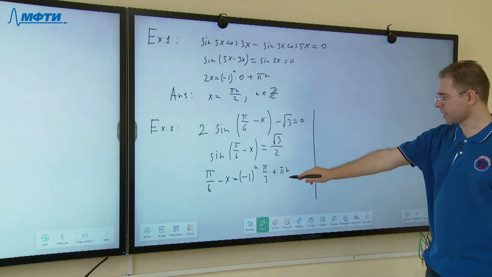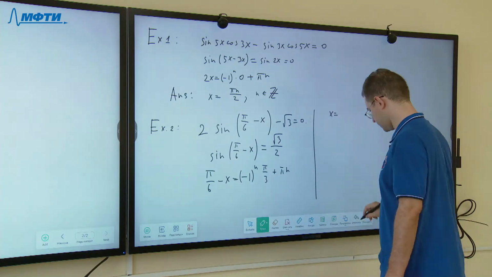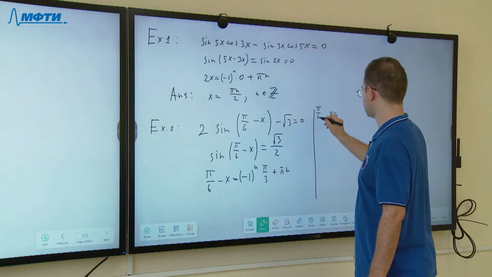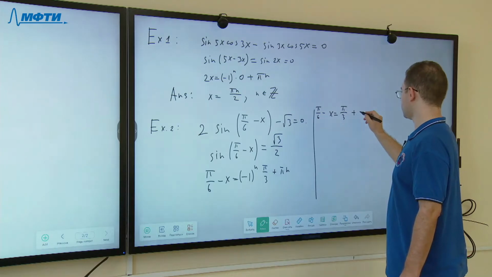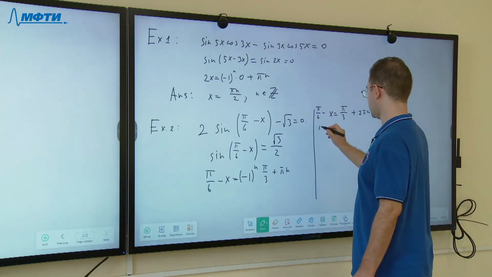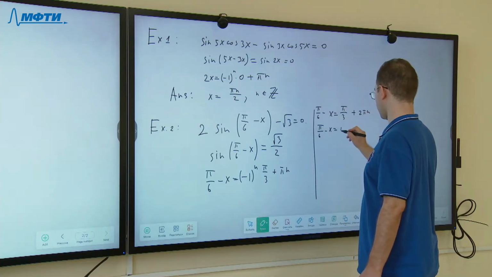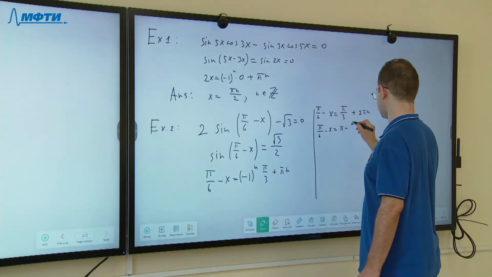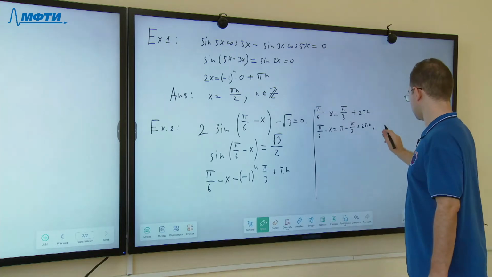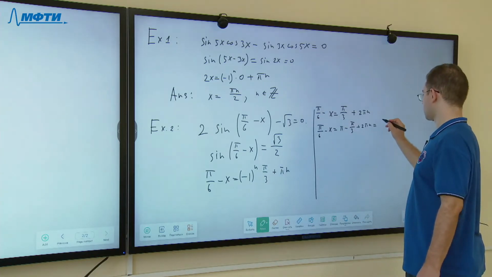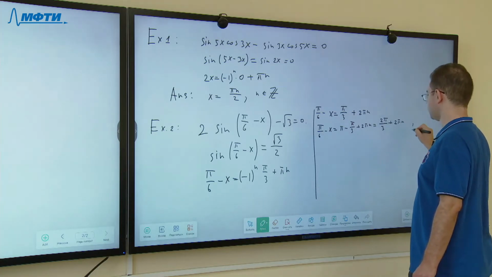So I will write down this solution like that: pi by 6 minus x is pi by 3 plus 2 pi n, or pi by 6 minus x is pi minus pi by 3 plus 2 pi n, which is of course just 2 pi by 3 plus 2 pi n.